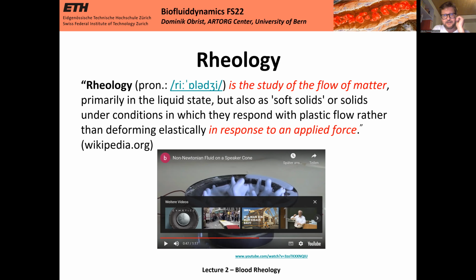By the way, this mixture of maizena and water is something you can also try at home. You may want to play a bit with the right mixing ratio, but if you put it in a glass or a little beaker and try to move your finger in this solution: if you move it very slowly, it will feel like moving it in water, so a low viscosity.